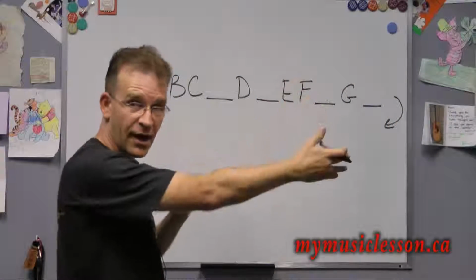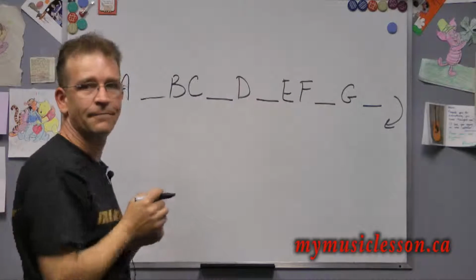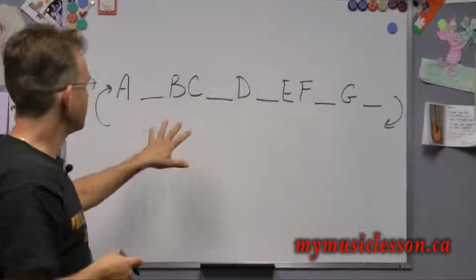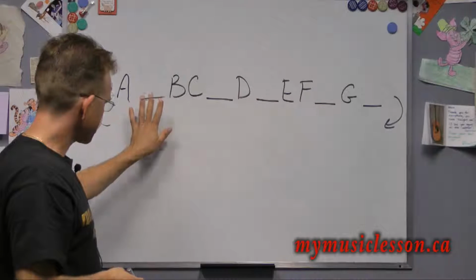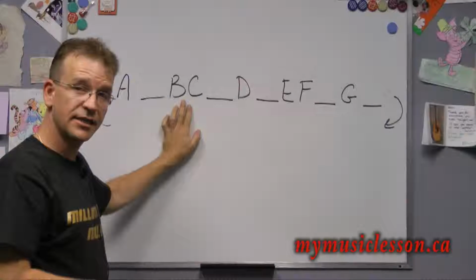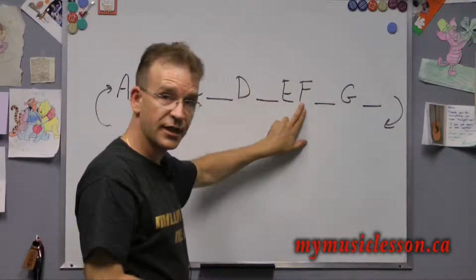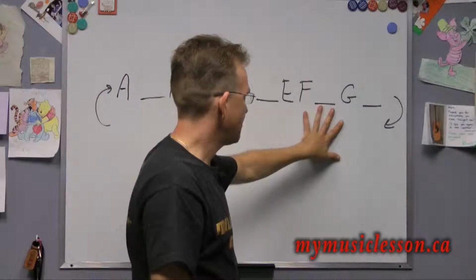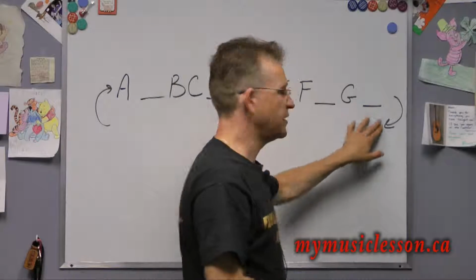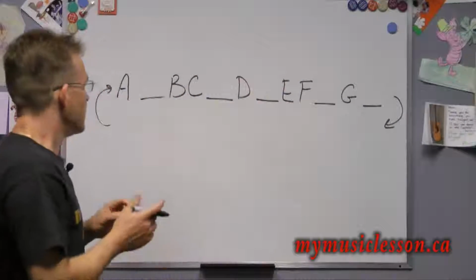It actually ends up being a higher alphabet, but we cycle back and start again on the A. Now you notice in the way that I've spaced these, there's a gap between the A and the B. B and C are side by side. There's a gap between the C and D, the D and E. E and F are side by side. We've got a gap between F and G and a gap between the G coming back to the A, starting the next cycle up.